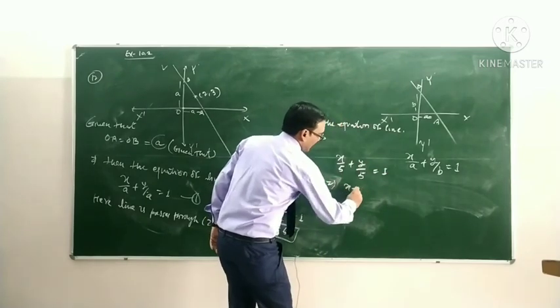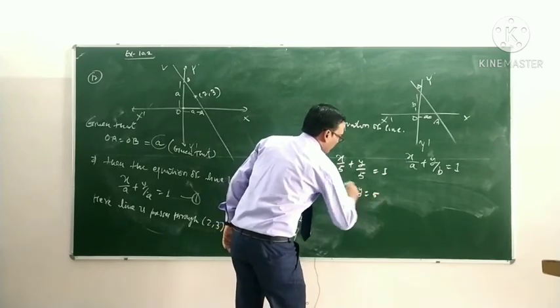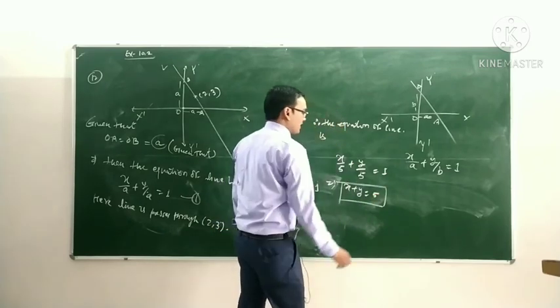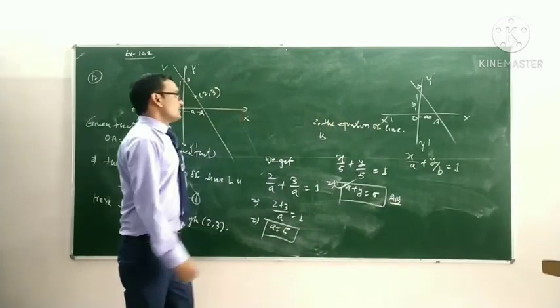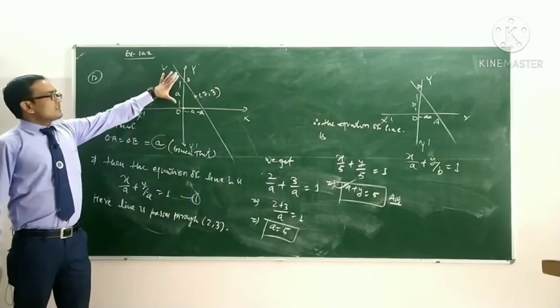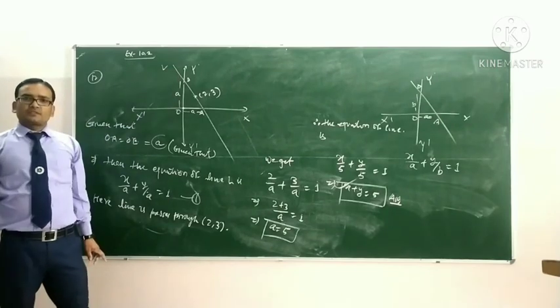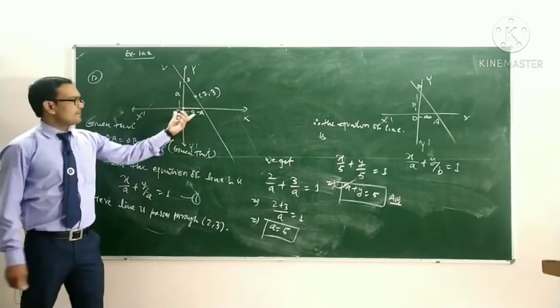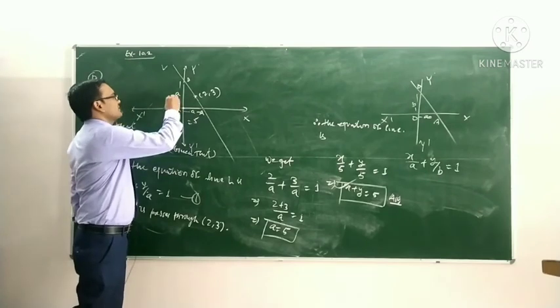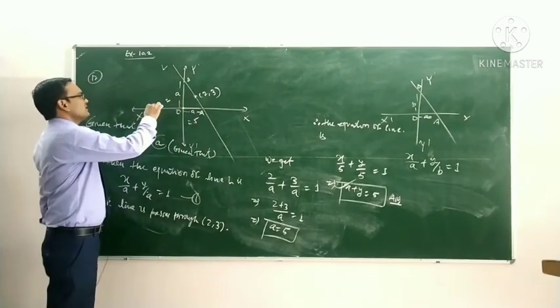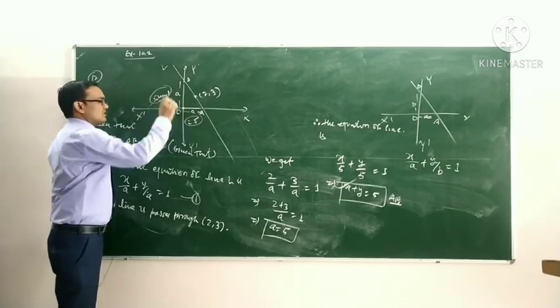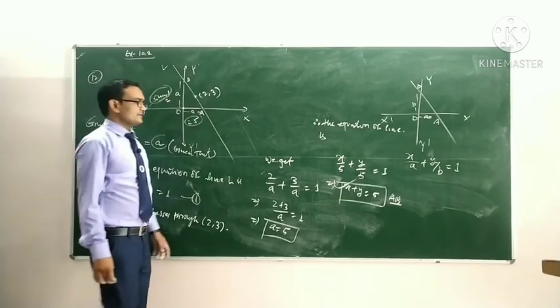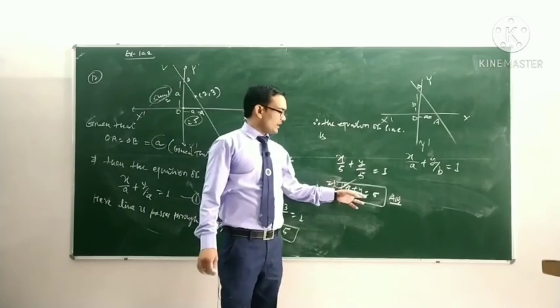This implies that x plus y equal to 5, which is your answer. The x intercept of the line is 5 and the y intercept of the line is 5. Both are equal. The equation of the line is x plus y equal to 5.